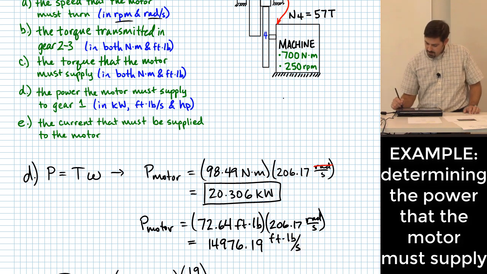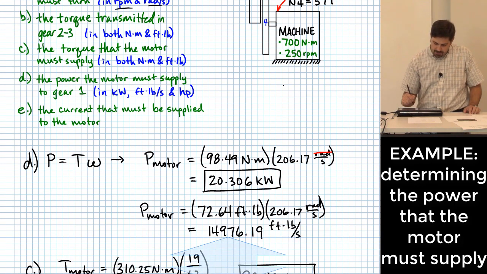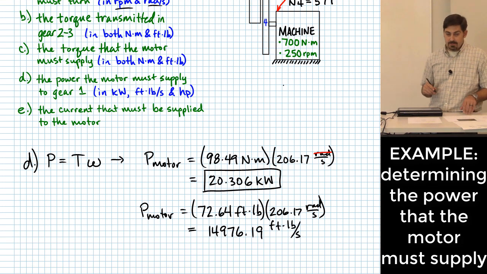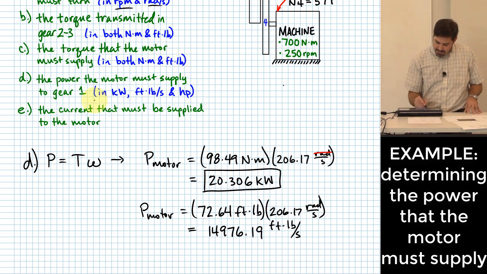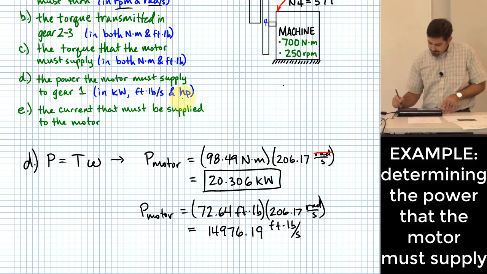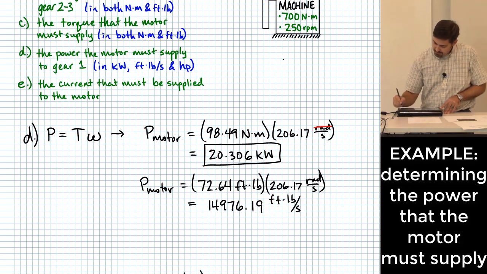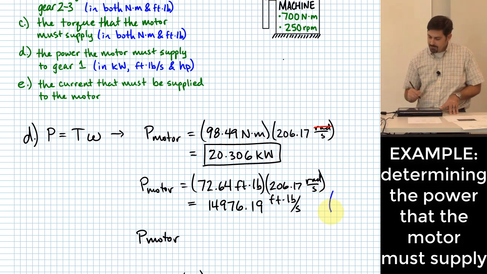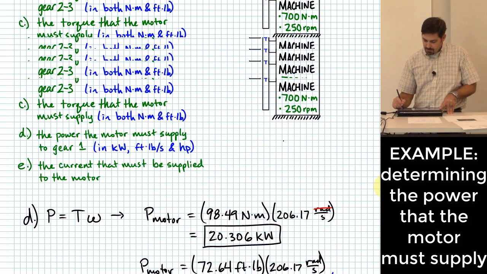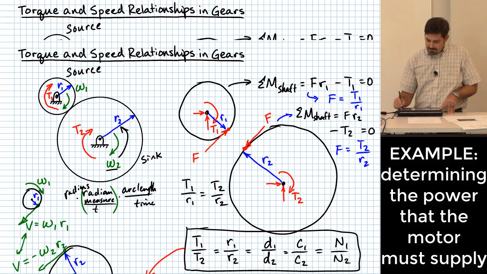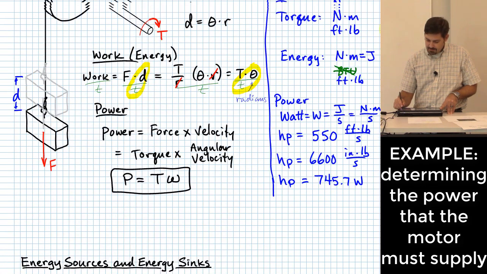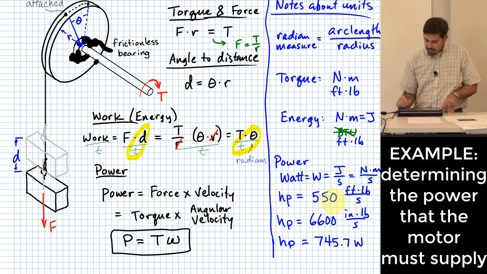Okay, so that's one of the things it asks us to do, but what else? It wants us to put that in horsepower as well. Right here it says put that also in horsepower. To do that, we take all of this and multiply it by what? You probably don't remember, but way up here, a horsepower is 550 foot-pounds per second.